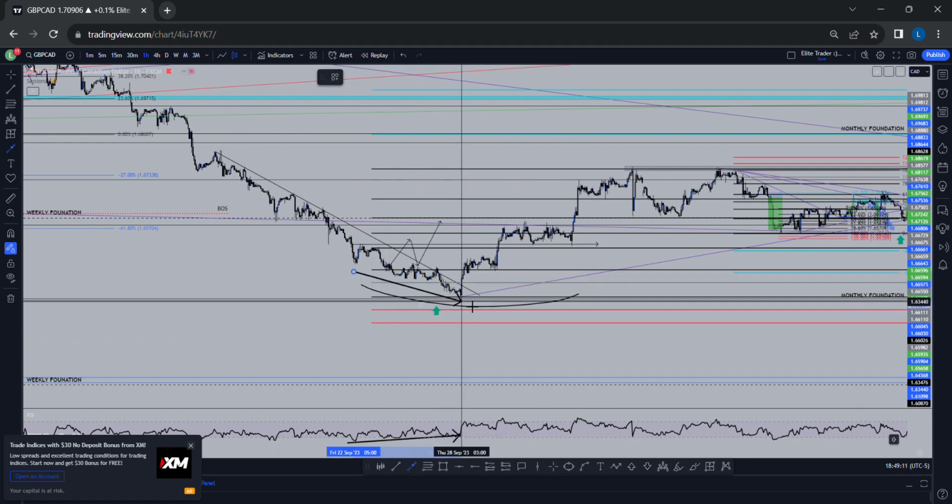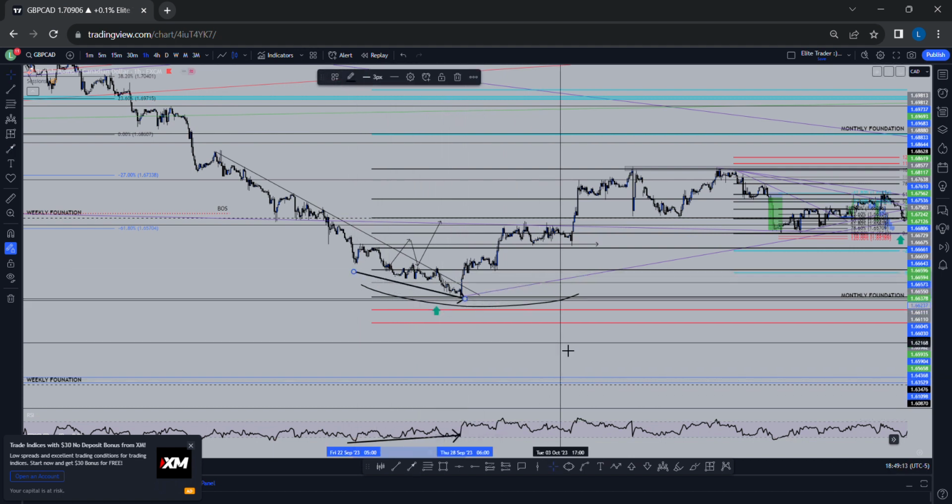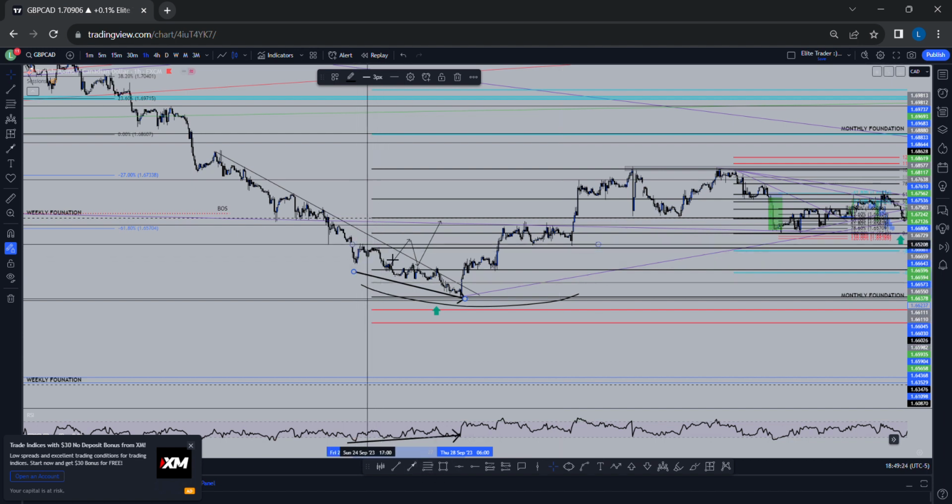So as you can see now, divergence is basically a confluence to use, and it also signifies a reversal. Divergence is basically when the market is doing one thing and the RSI is doing the opposite relative to price action. As you can see, the market is going down, however RSI is going up.